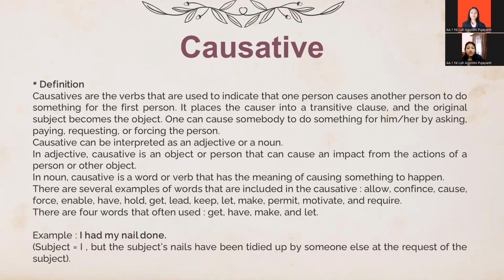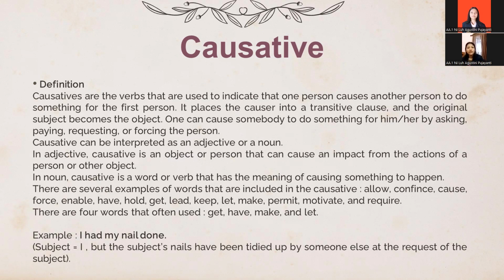In other words, causatives are the verbs that make the subject, which can be a human or other subject, do something. What you need to remember to mark the causative sentence is that the activity experienced by the subject is the result of the work of other people, not himself.